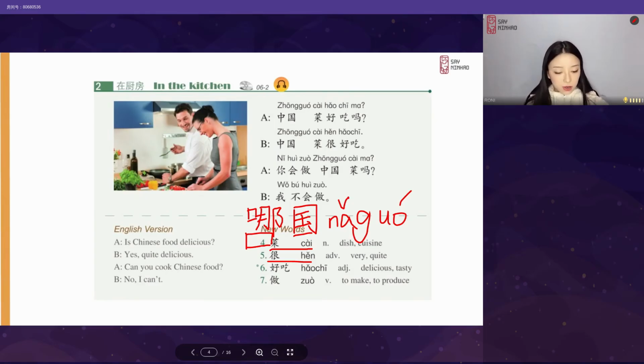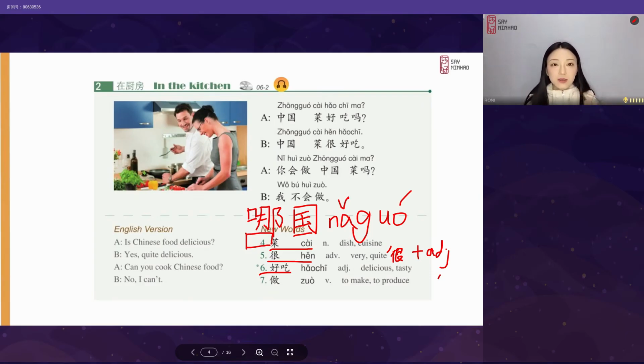So this is the structure of it. Put 很 before the adjective. Okay. Now let's move on to next. 好吃. 好 I said means good and 吃 means eat.